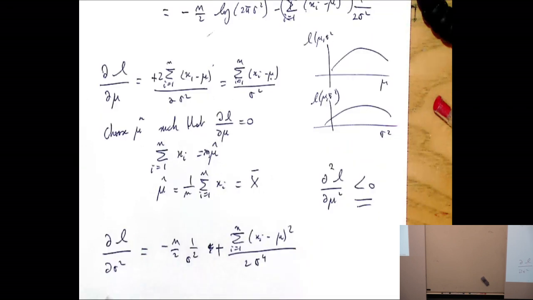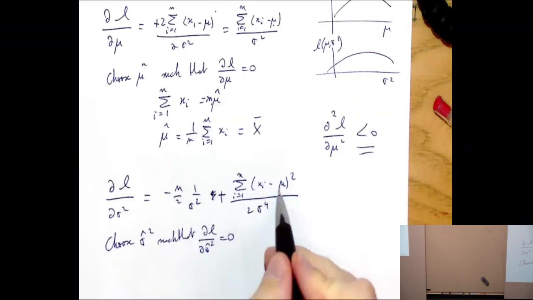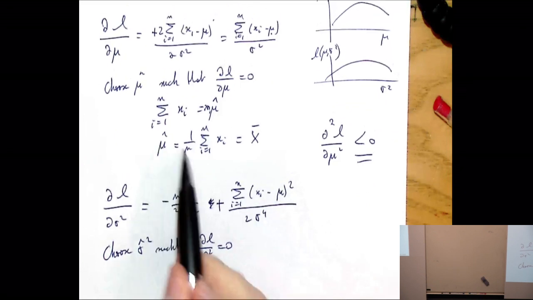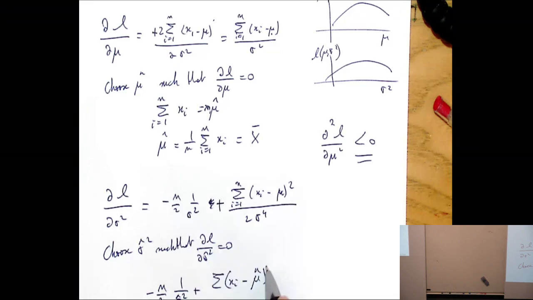Now I choose sigma hat square such that this derivative is equal to 0, and mu becomes mu hat, the estimate I had from before. So minus n over 2 times 1 over sigma hat square, plus the sum of (xi minus mu hat) square over 2 sigma hat fourth has to be equal to 0.